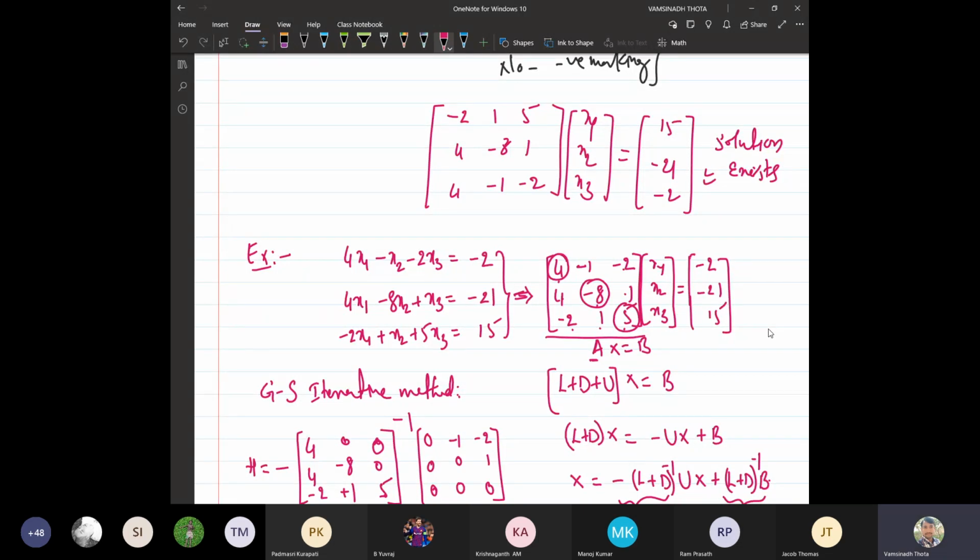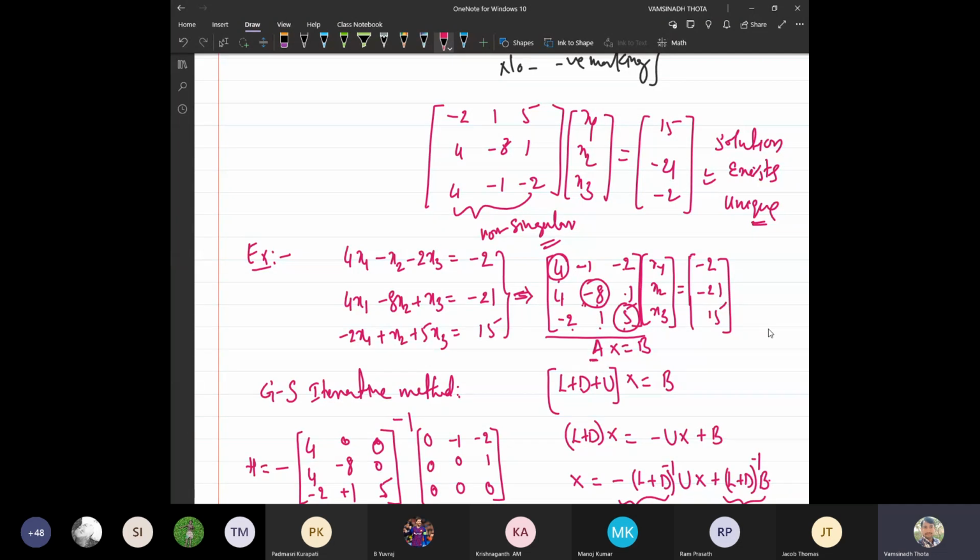Okay, solution exists. Not only exists, in fact, it will still have the unique solution. Why? Because the coefficient matrix is still non-singular. Why? Because A is a strictly diagonally dominant matrix here, so A inverse exists.